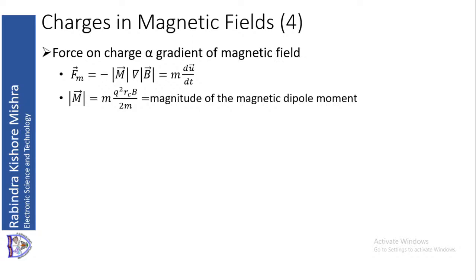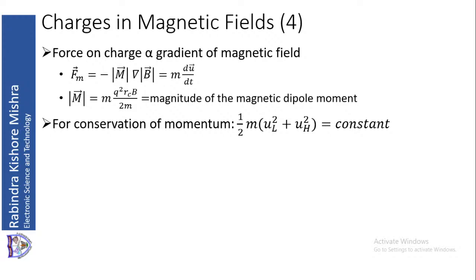Like you have already seen in your basic courses, if we have a dipole, whether electric or magnetic, then it will have a moment: an electric dipole moment, which is q into dl, or a magnetic dipole moment, which will be m into dl. For a magnetic dipole moment to exist, there has to be a magnetic field, right?